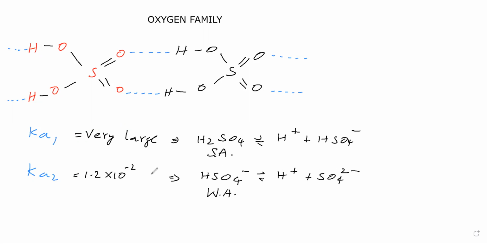Sulfuric acid is low volatile. Why is volatility less? It has intermolecular hydrogen bonding. Therefore, volatility is less. Due to this, it is used for preparing more volatile acids from their salts. Now, if we take HF and HCl, HF is a gas, HCl is a gas.